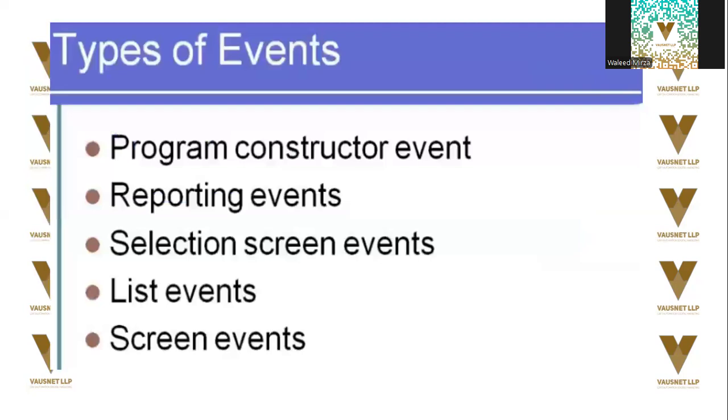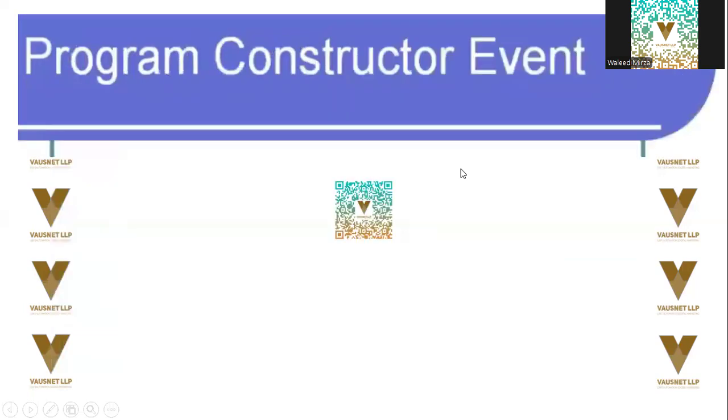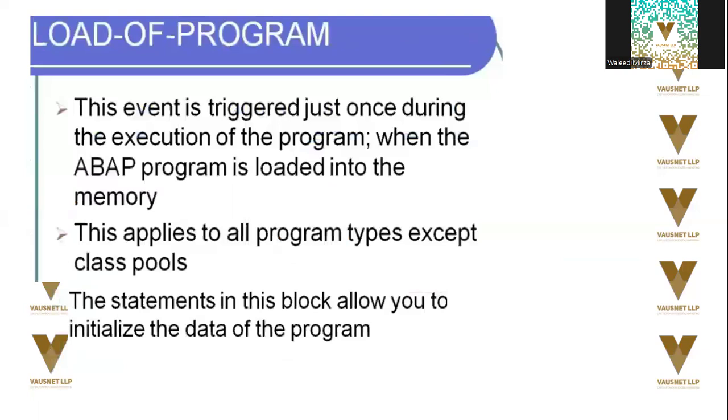So what are types of events that we have? We have already seen selection screen events, line selection, screen selection, right? We have screen events, list events, reporting events, constructor events. Load of program.